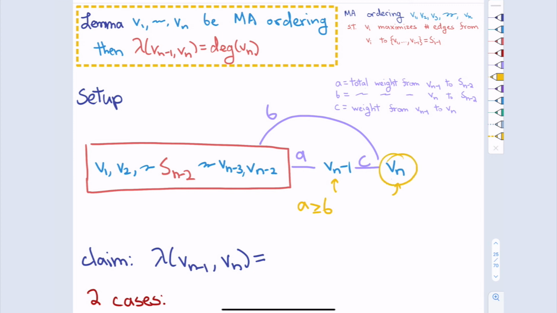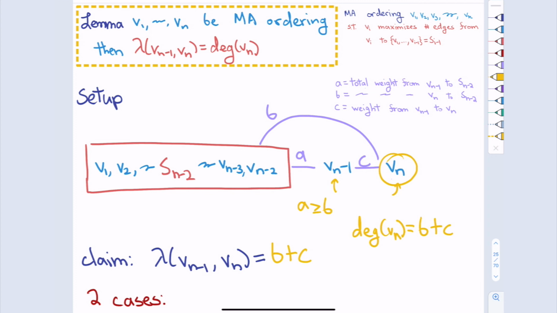The weight of this cut in this notation is B plus C. So the claim we're trying to show is that the connectivity between Vn minus 1 and Vn is exactly B plus C. There's no better cut out there.